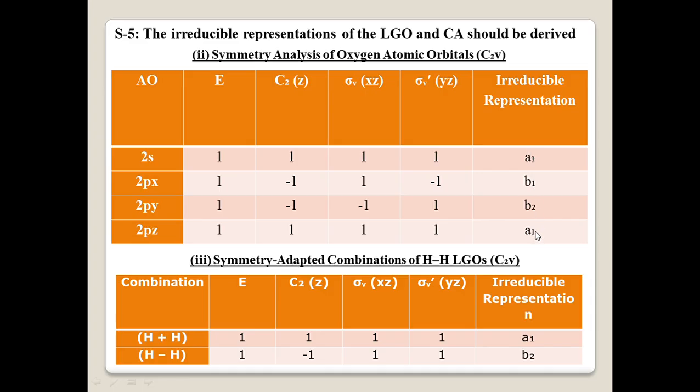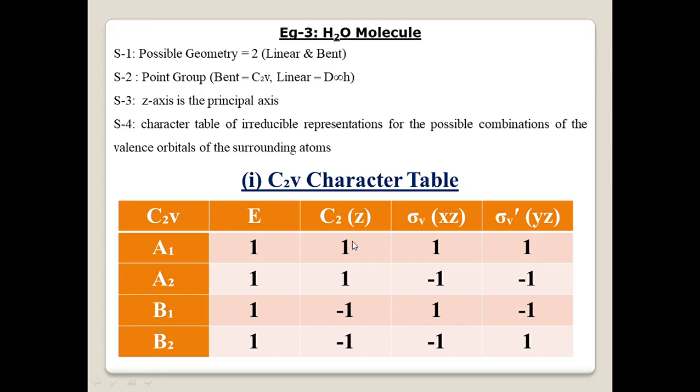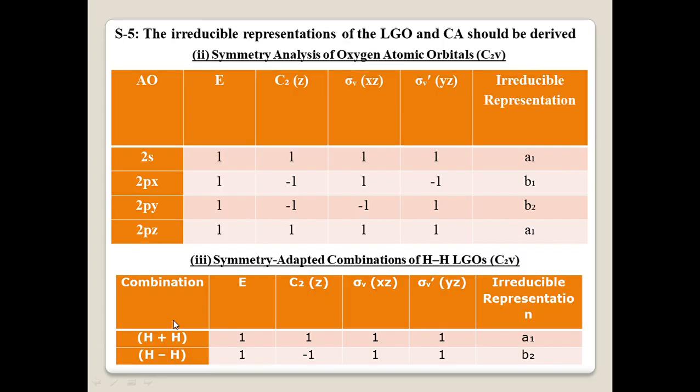The important point you have to know is that for a molecule we use capital letters A1, A2, B1, B2, but for LGO and atomic orbitals we use small letters: a1, b1, b2, a1, and here a1, b2. For hydrogen, 2 LGOs were there, one bonding and one anti-bonding. How can you memorize these things?